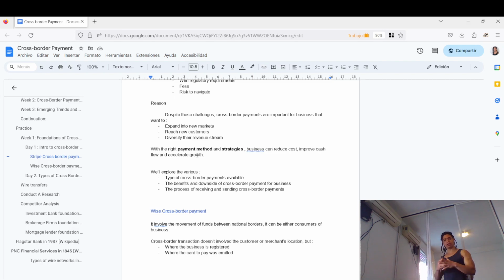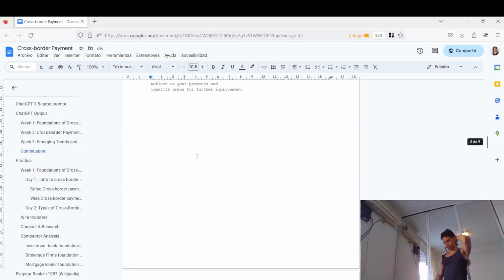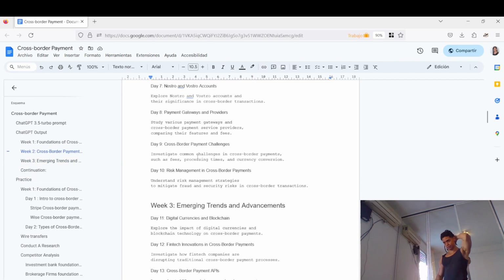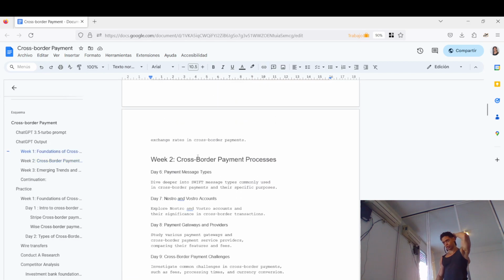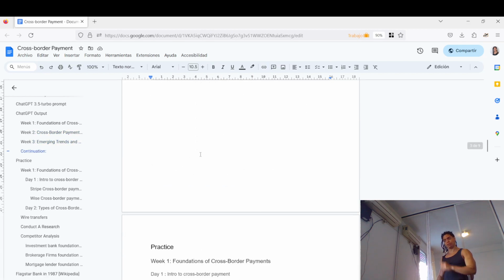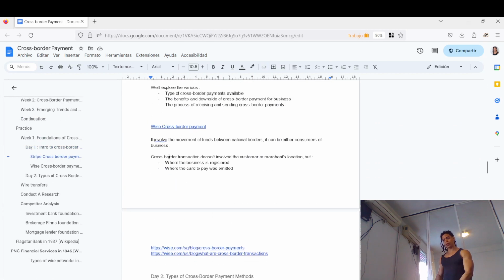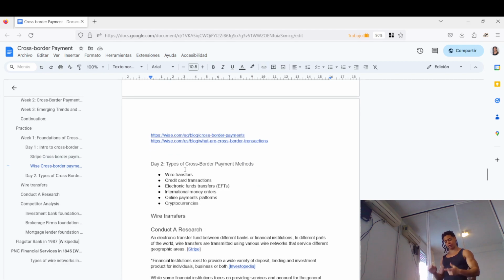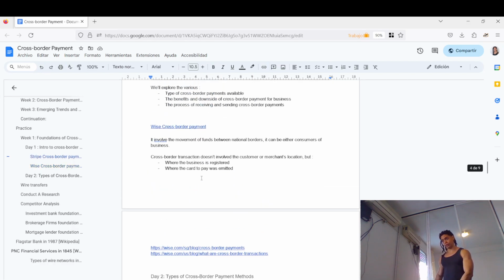So now I look at the different types of methods of cross-border payments. According to Stripe, you have wire transfers, credit cards, electronic fund transfers, international money orders, online payment platforms, and cryptocurrency.